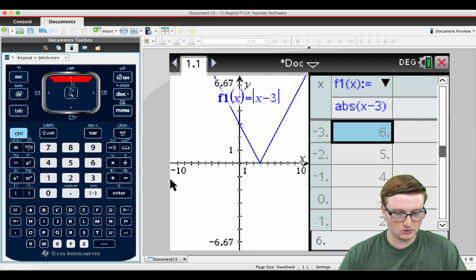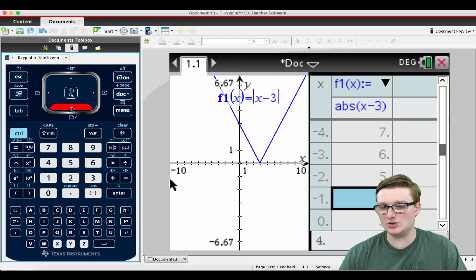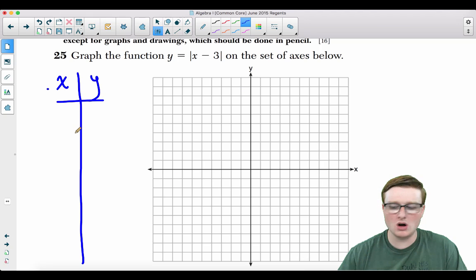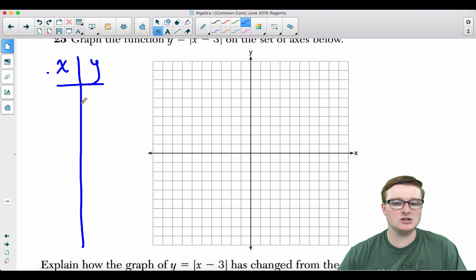I'm going to have a table that's not terribly long. I'm going to do 0, 3 first, and then go to the right: 1, 2, 3, 4, 5, 6.